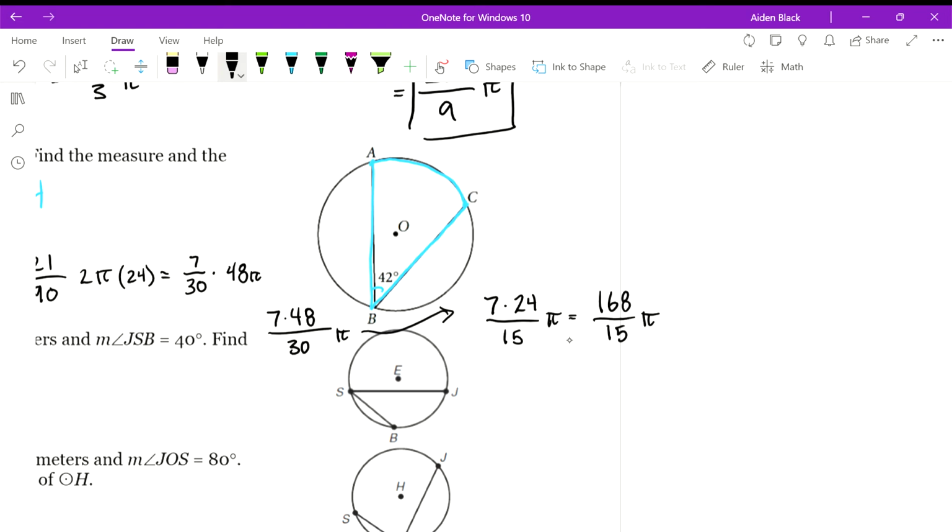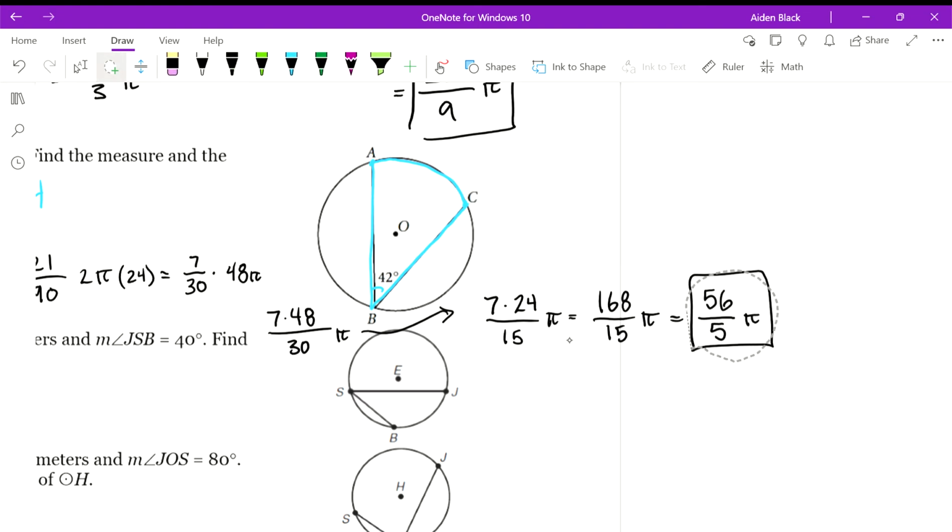And we could have done that earlier, because we knew 24 was divisible by 3. That's probably the better way to do it. So 56 fifths pi. Yeah, I don't think we could reduce that anymore. So you get 56 fifths pi.